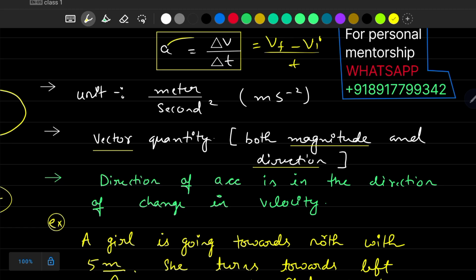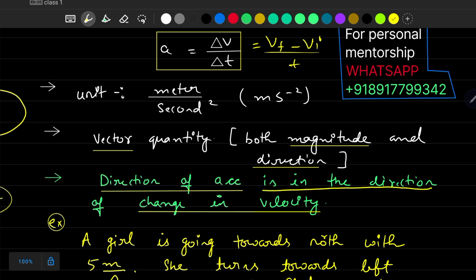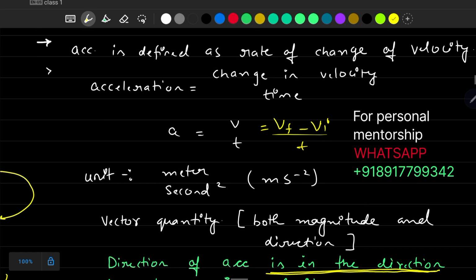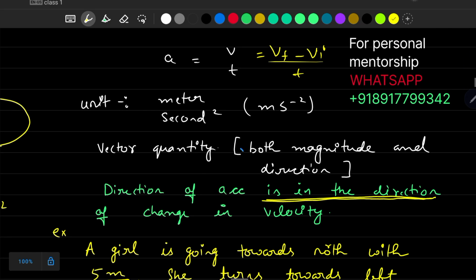It means the direction of acceleration is in the direction of change in velocity. This is important. I hope it's clear to all of you.